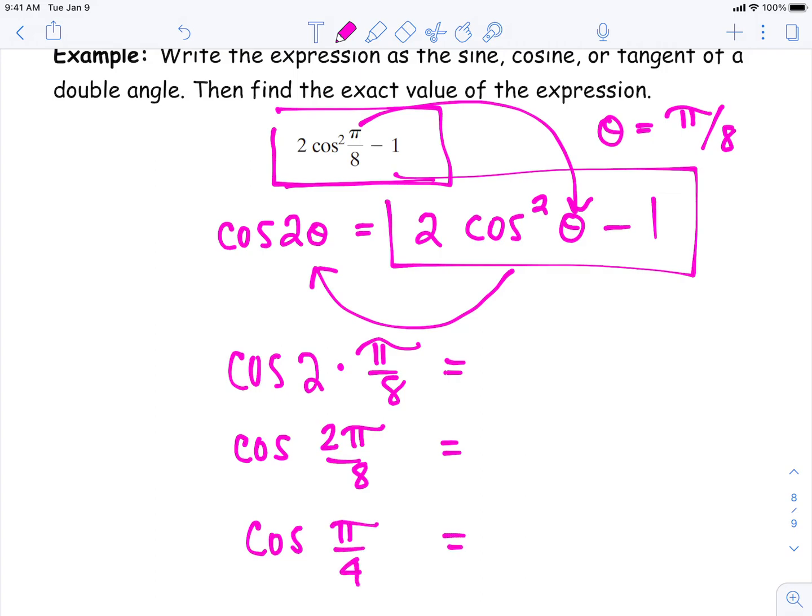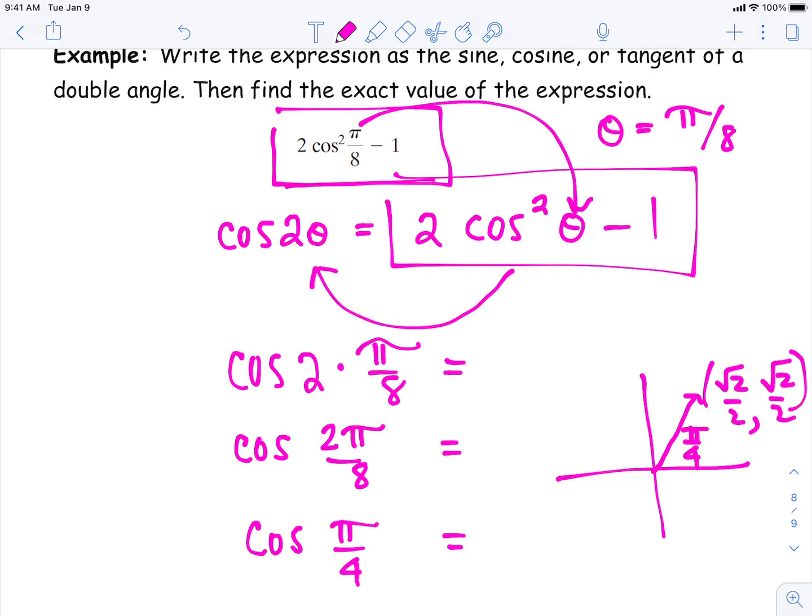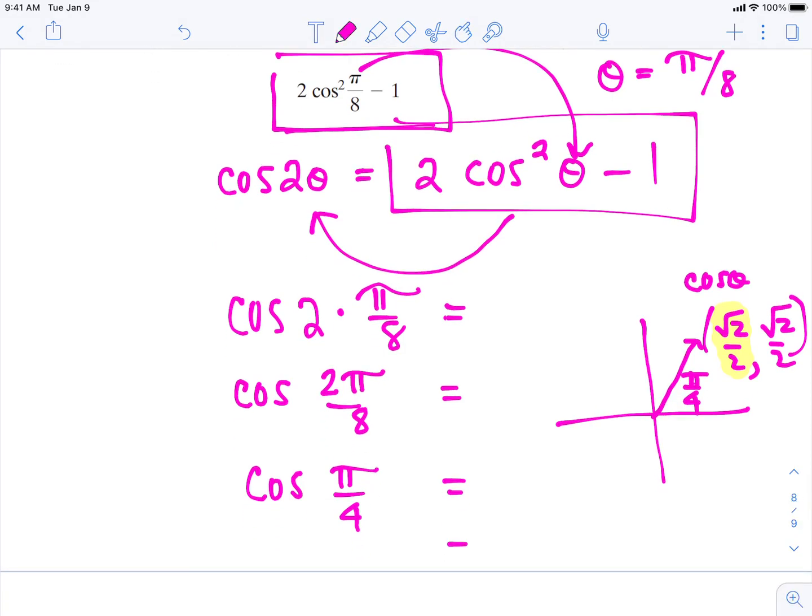Well, pi over 4 is one of our angles on our unit circle. It's right up here. Here's pi over 4. It has the ordered pair, square root of 2 over 2, comma, square root of 2 over 2. The cosine is your x. So we can use that square root of 2 over 2 to simplify this expression. So the exact value for this expression is the square root of 2 over 2.